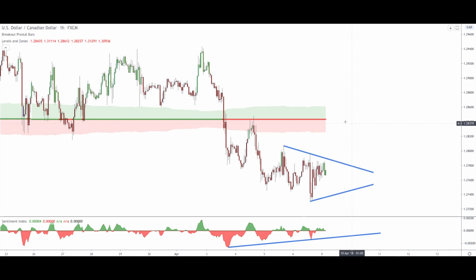Moreover, in this particular case, we also have a resistance here. This resistance, which used to be a support and now is a resistance, is the one which is indicated by the levels and zones.